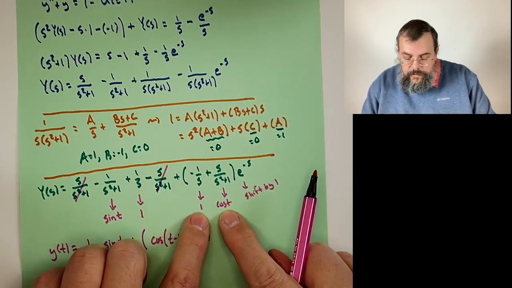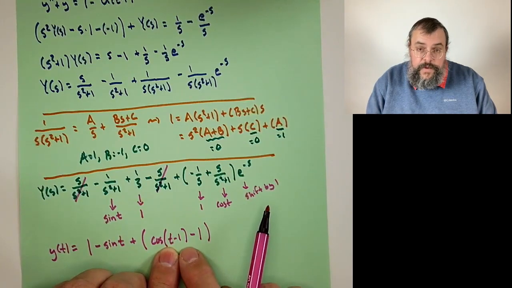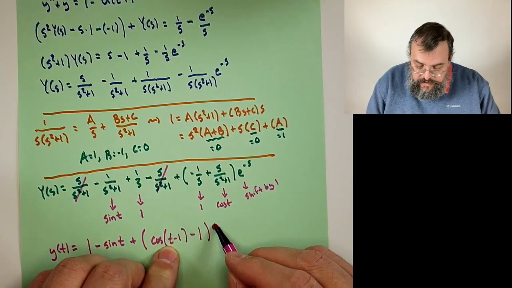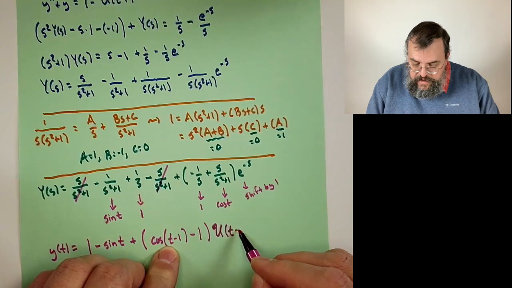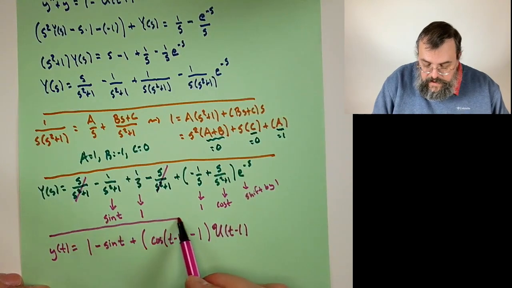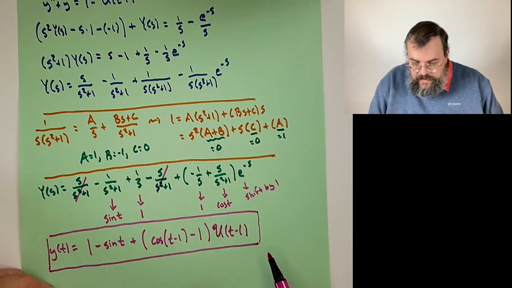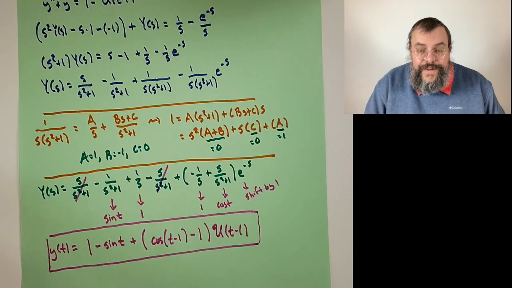So we'll take the minus 1 plus cosine t. We just change the order, and remember, shift by 1, put that t minus 1. And then don't forget, we also need to hit the on-off switch, u of t minus 1. And that is it. That's the answer.